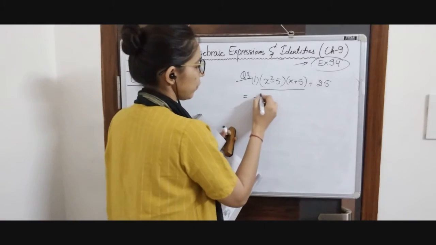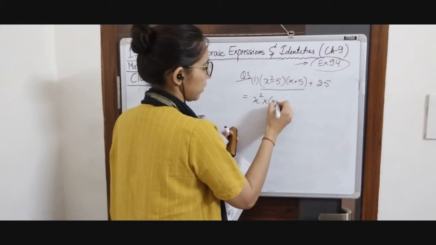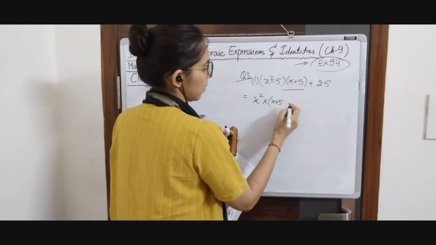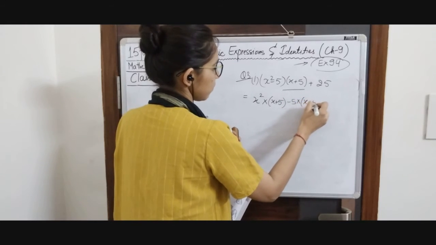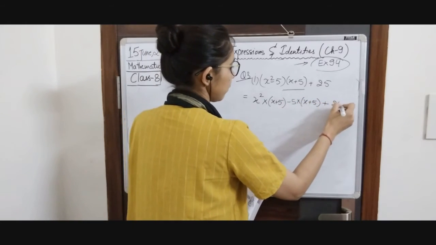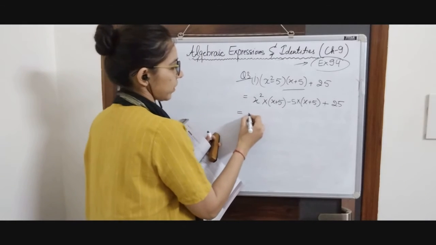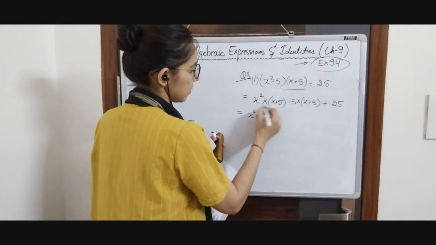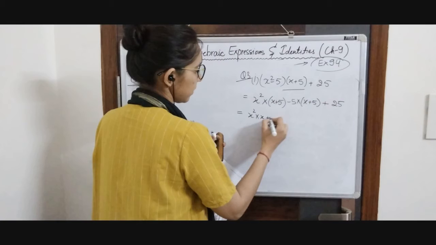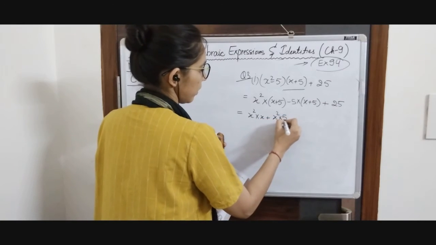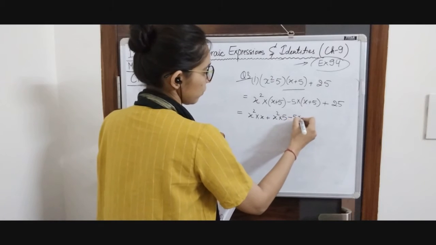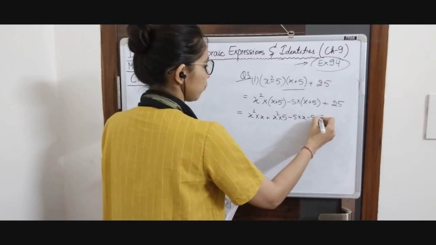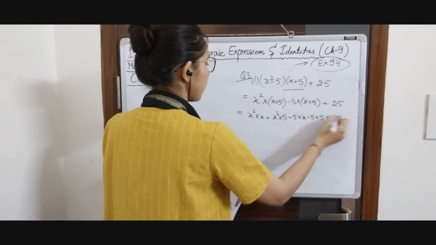It will be equal to x square into (x plus 5) minus 5 into (x plus 5) plus 25. X square into x, now we are going to solve it, plus x square into 5, minus, you have to take the minus sign also, minus 5 into x minus 5 into 5 plus 25.